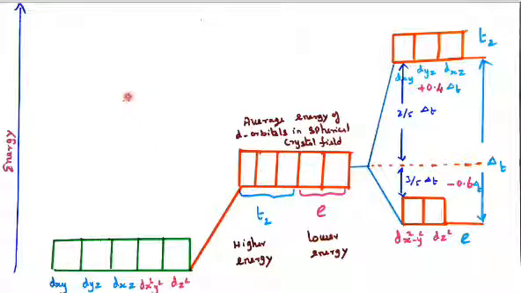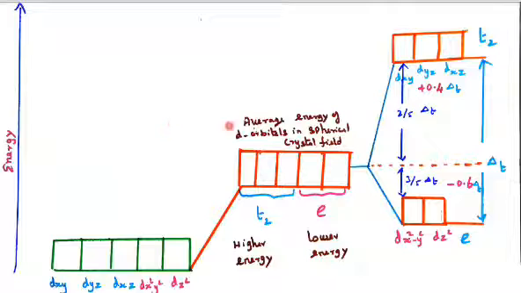When the ligands approach the metal, the ligand electrons and metal electrons repel each other and go to the excited state, and it will split into two sets. That energy is called the average energy of the d orbitals in a spherical crystal field. Spherical crystal field means there is a symmetrical repulsion as the ligands approach the metal electrons.